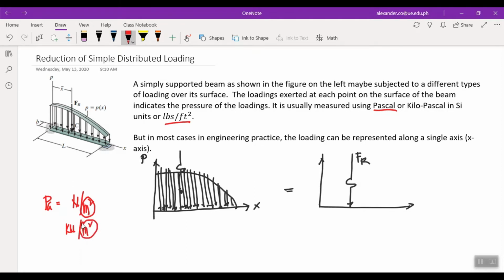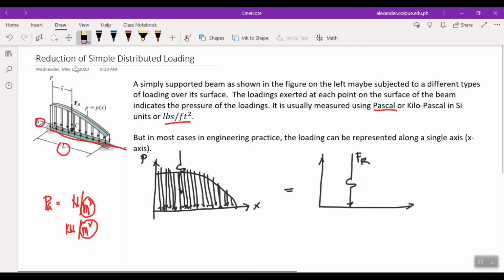Again, divided by area. But in most cases, in engineering practice, the loading can be represented along a single axis, in this case the x-axis. So we no longer care about the other dimension. The area is length times b.